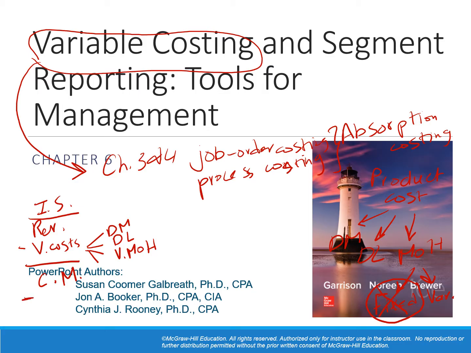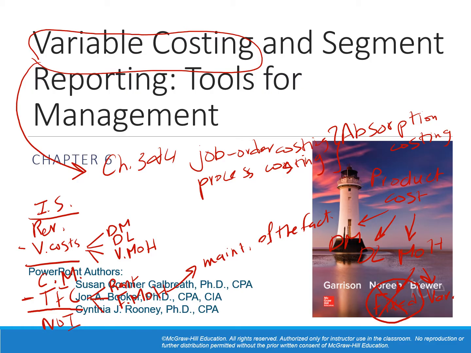You deduct from it total fixed costs, and these fixed costs might be something like rent and fixed manufacturing overhead, like the maintenance of the factory or depreciation if it's fixed. This will get us net operating income.